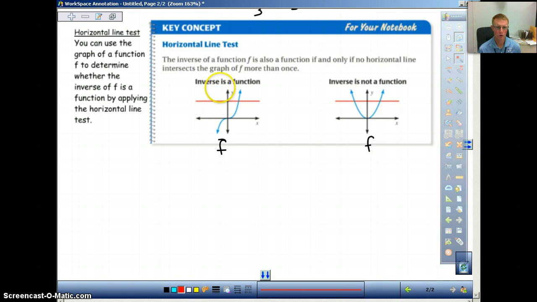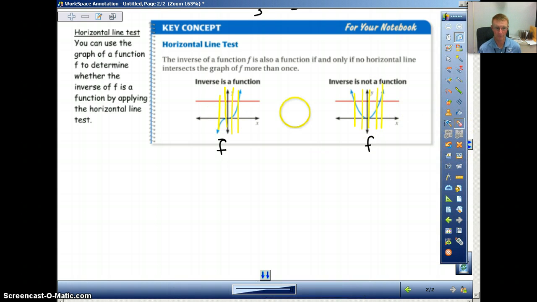In other words, you would draw vertical lines through your function, and you're trying to see if each individual vertical line ever goes through more than one point on the graph. If it doesn't, then we have a function. If it does, then we don't have a function.